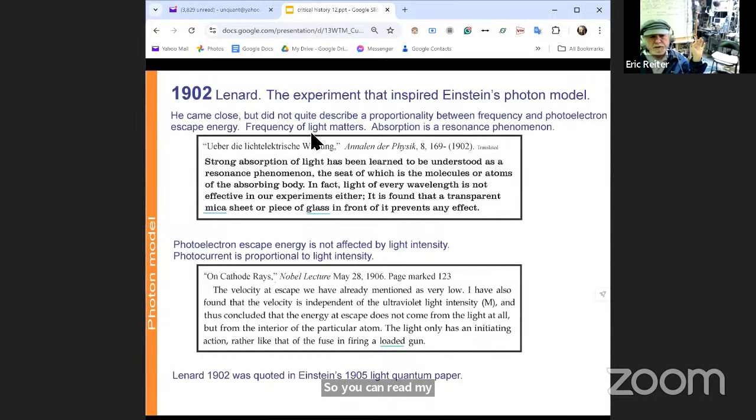Soon after, Lenard did the important experiment to show the photoelectric effect. He didn't quite do the proportionality between frequency and escape energy of the electron, but he did understand that the frequency mattered, because he put filters in front of his light source, which was mostly ultraviolet, cut out the ultraviolet, and saw that the frequency mattered.